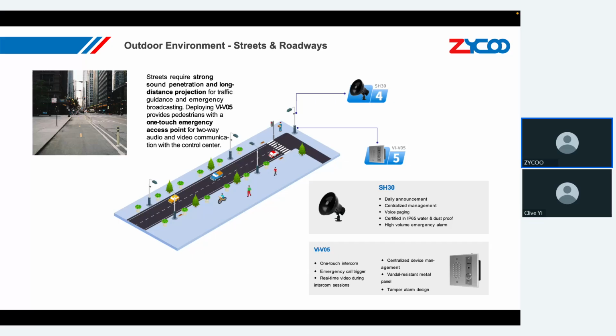And another one, the VIV05, our video intercom. It can provide pedestrians with a one-touch emergency access point for two-way communication and for video, so that the monitor or security guard can see what's going on and make sure he or she can provide instant help.